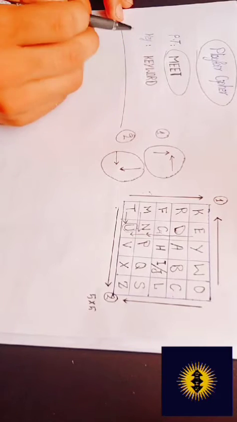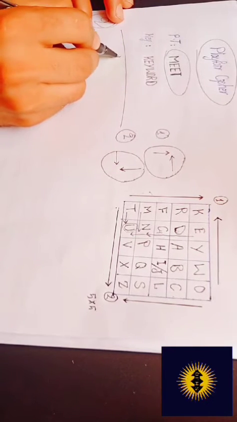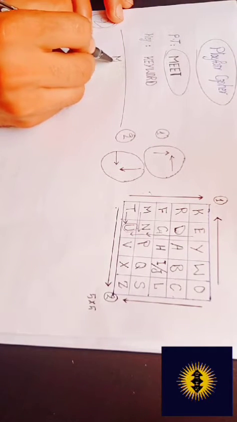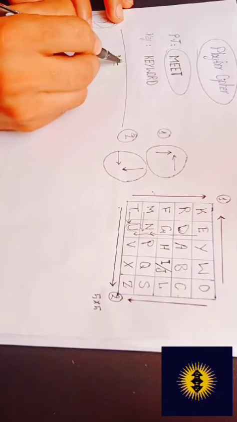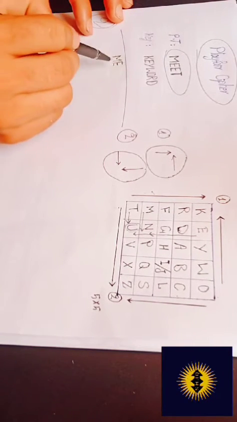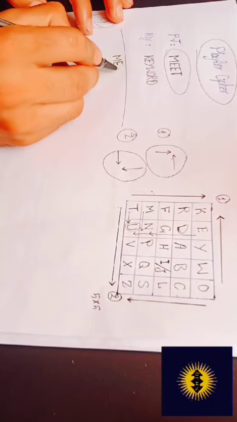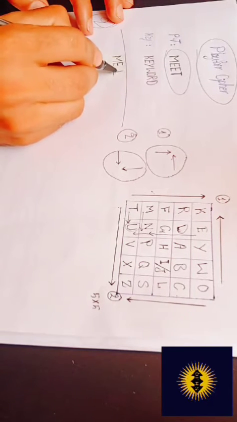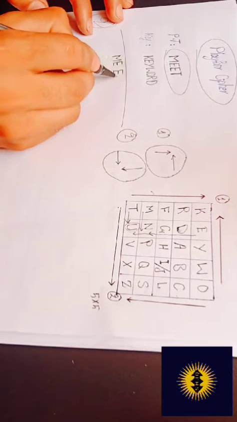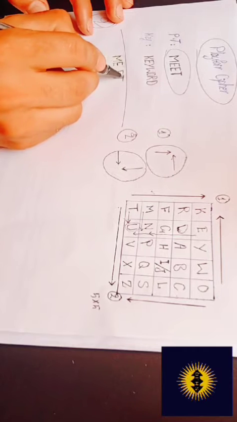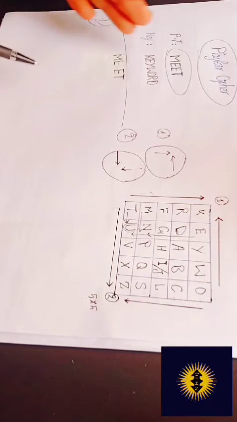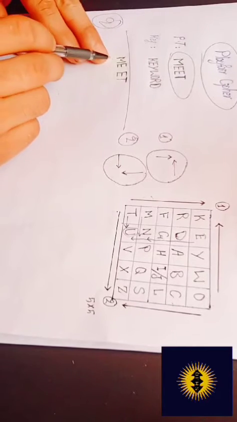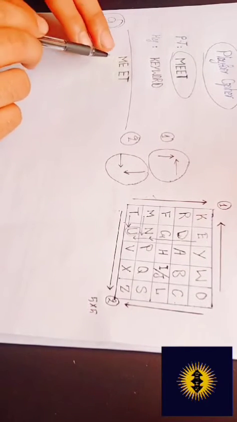Now M, after that E, ME, first pair, after that E, T, second pair. So we have arranged all the letters in a pair mode. So this is our second step.